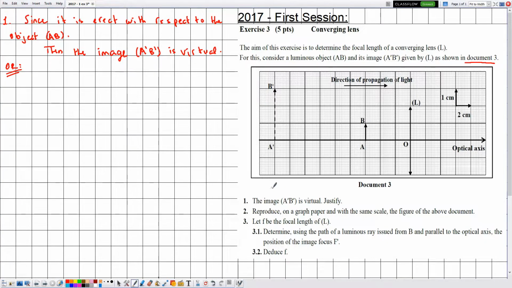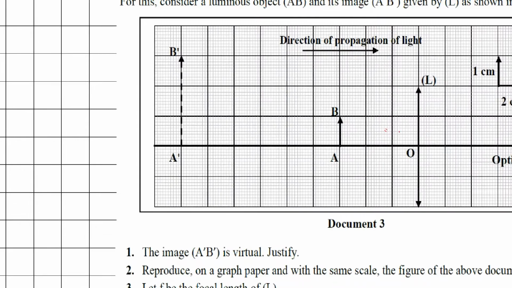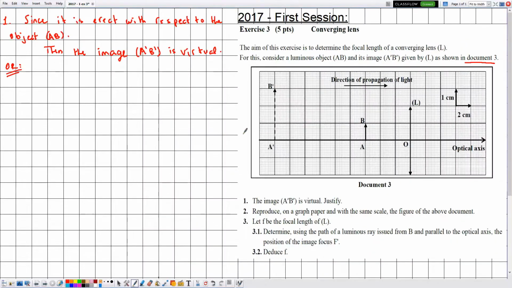One can answer this question in another way. Notice that here the object AB and the image A prime B prime are on the same side of the lens, which is in front of the lens. And whenever the object and the image are on the same side of the lens, this means that the image is virtual.